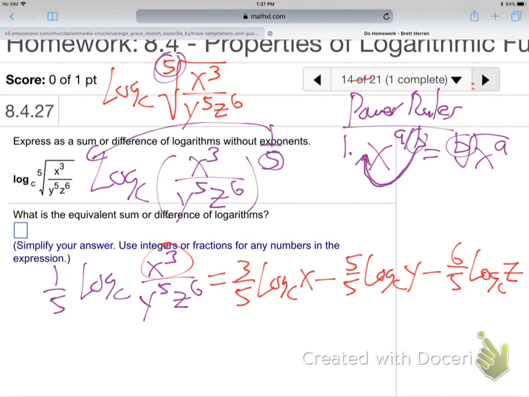Correct. So everybody see why that happened, though? The powers, like the 3 power, come to the front and become 3/5 for the log. That's what the third property says, powers come to the front. First I brought the 1/5 to the front, and now I'm bringing the 3, the 5, and the 6 to the front. Everybody good with that?